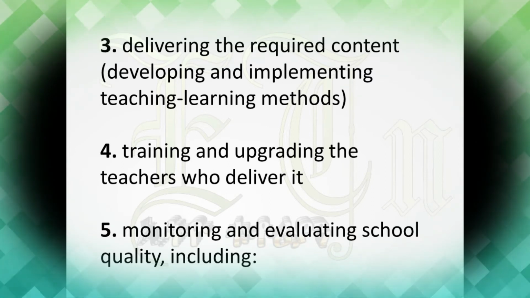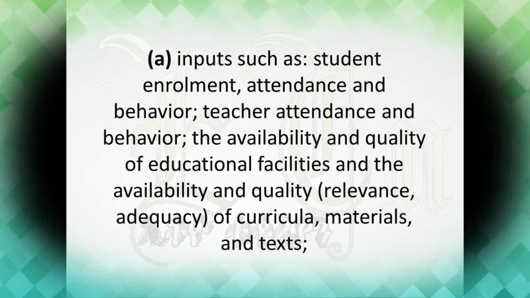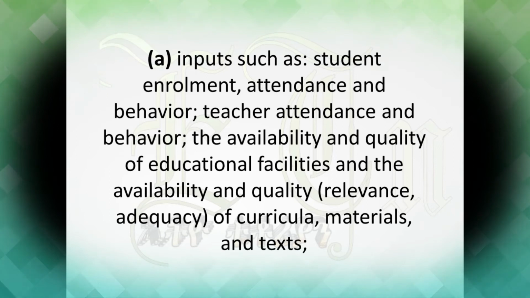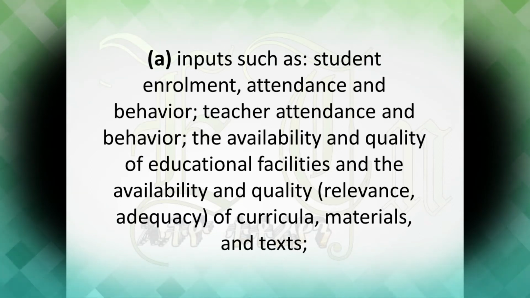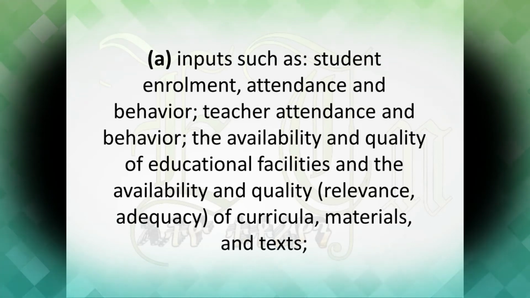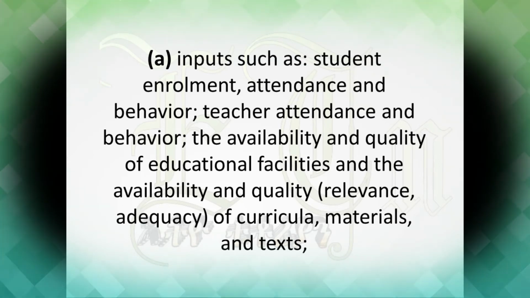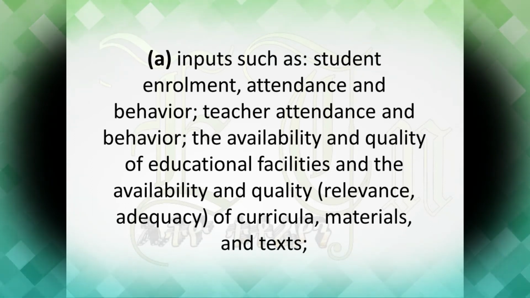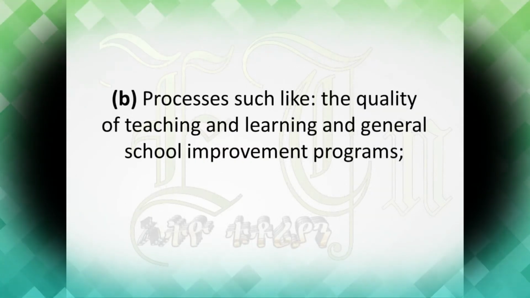5. Monitoring and evaluating school quality, including a. Inputs such as student enrollment, attendance and behavior, teacher attendance and behavior, the availability and quality of educational facilities, and the availability and quality, relevance, adequacy, of curricula, materials, and texts. b.